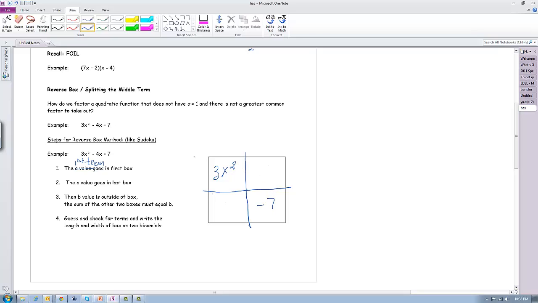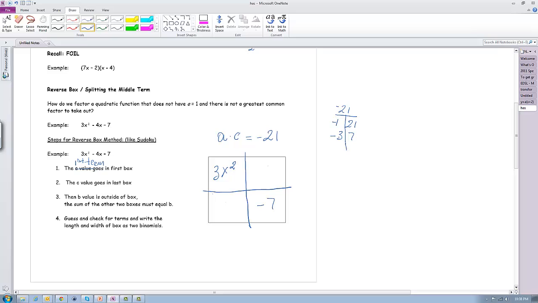Next, we multiply a and c together. A multiplied by c, in this case, is minus 21, and we are going to look for the factors of minus 21 that add up to minus 4. If I draw a small table here, I can think about minus 1 and 21, minus 3 and 7, and so on.